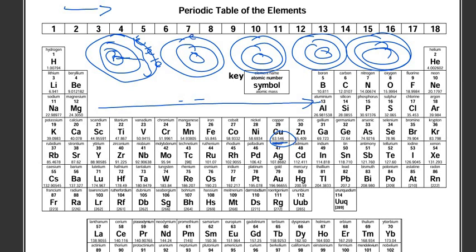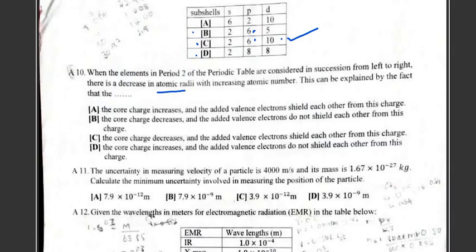So if you continuously increase the electrons in the outermost shell, which is what happens when you move from left to right, the attraction becomes stronger, and the size of all the shells or rings decreases, making the atomic radius decrease slightly.